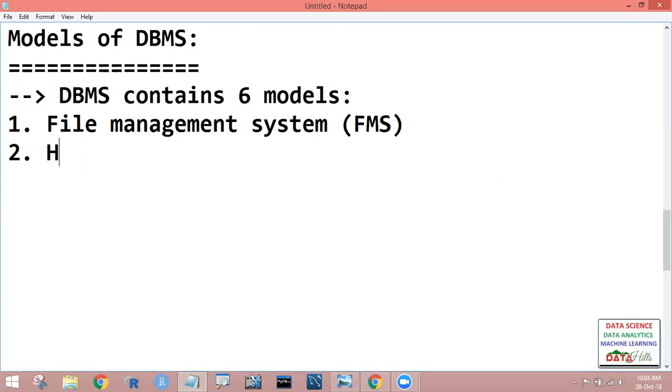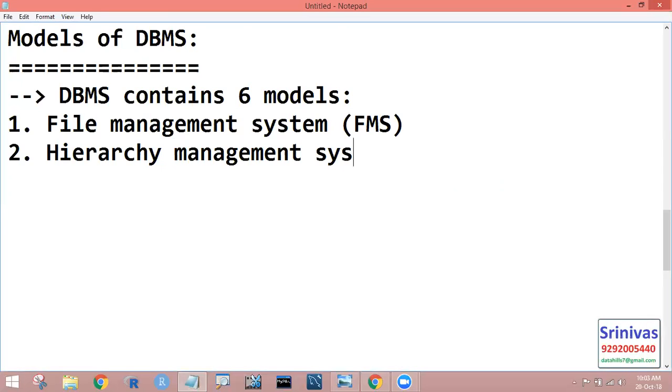Now let us discuss the list of those 6 models. So the first one is file management system. Next, the second one is hierarchy management system, HMS. Next, the third one is network database management system.